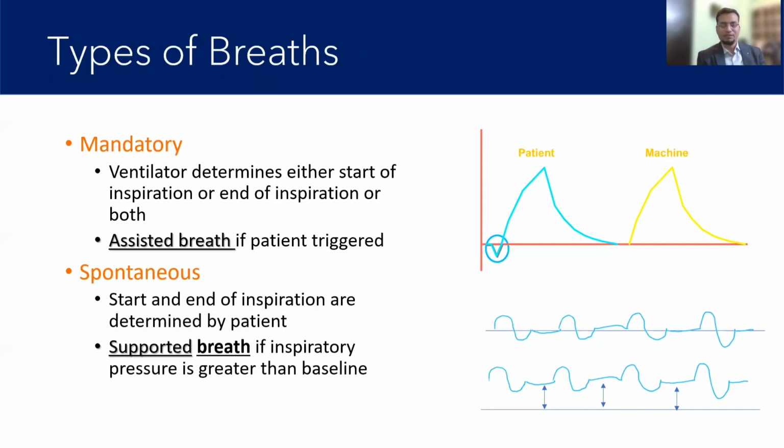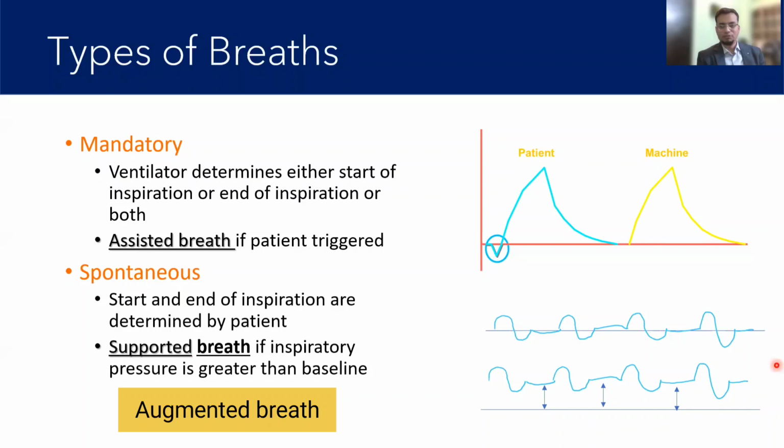The mandatory breath is called assisted breath when it is patient triggered. Okay, this is a subsection of mandatory breath where if the patient is triggering the breath, that is called assisted breath. In case of spontaneous, there is also one more subsection where the expiratory pressure is greater than baseline, and this kind of spontaneous breath is called supported breath, okay, or augmented breath.